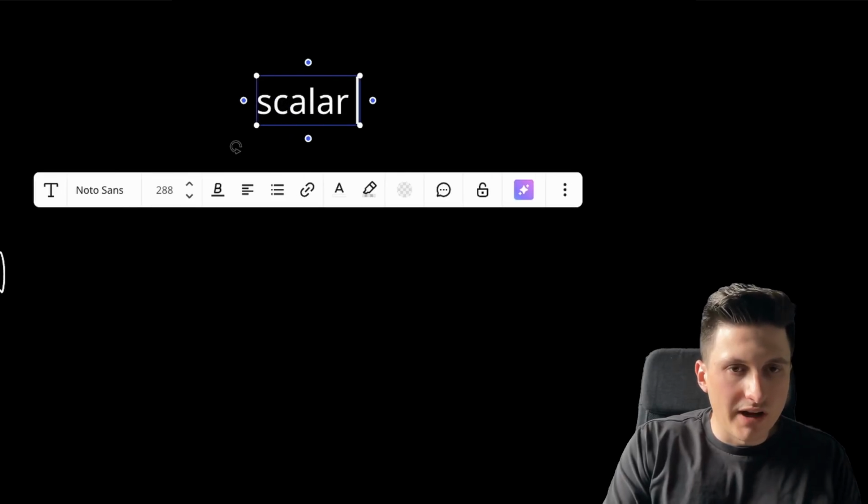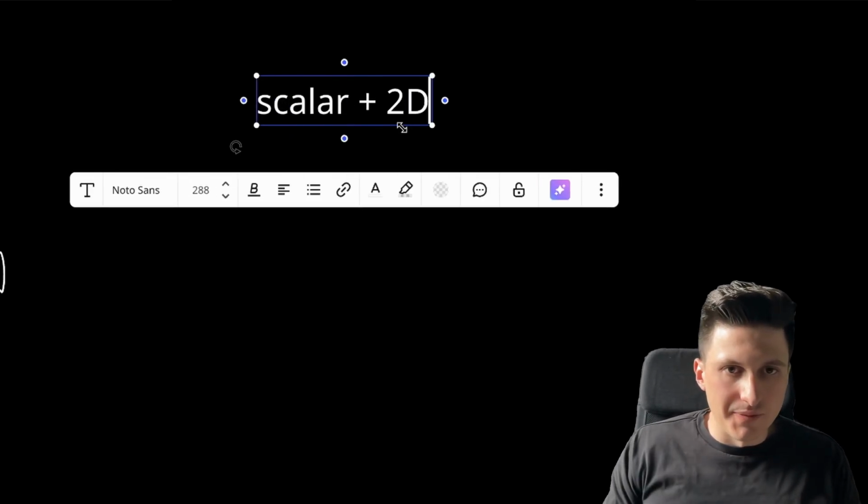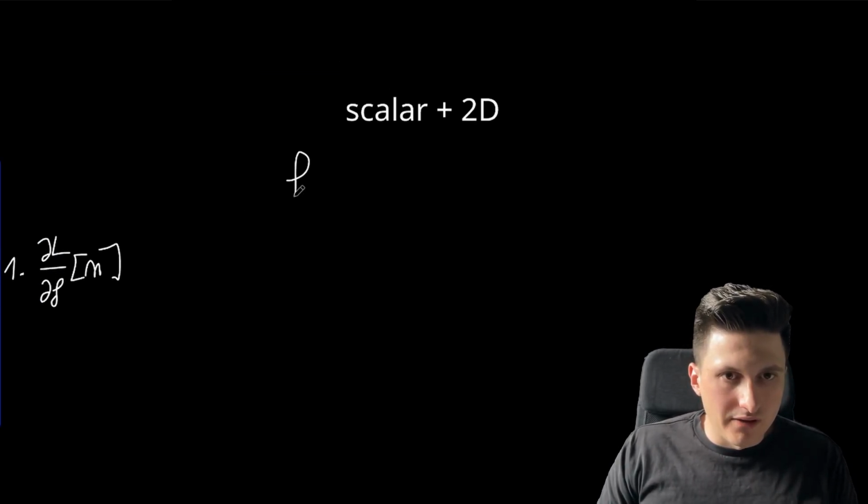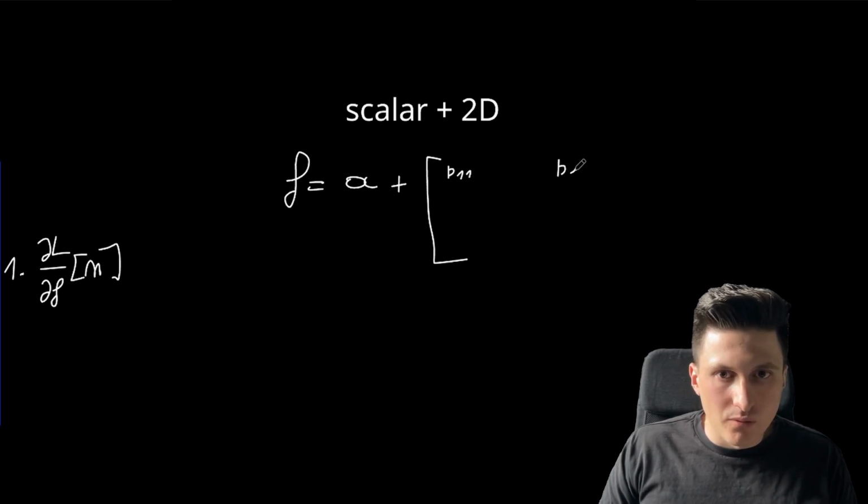Okay, let's now look at scalar plus 2D. And this will be very similar to the previous case, as B this time is a matrix, with elements B11 to B1n, up to Bm1 and Bmn.